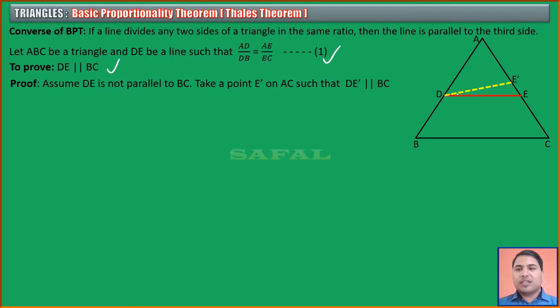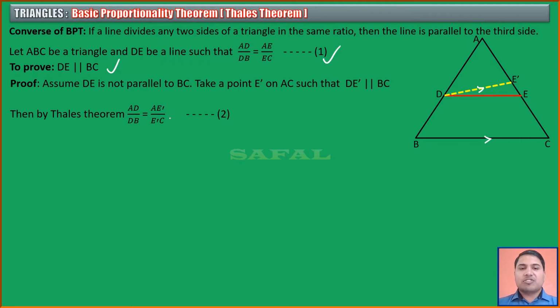So some other line DE dash is parallel to BC, that's what I am taking. So if DE is not parallel, some point E dash exists on AC such that DE dash is parallel to BC.